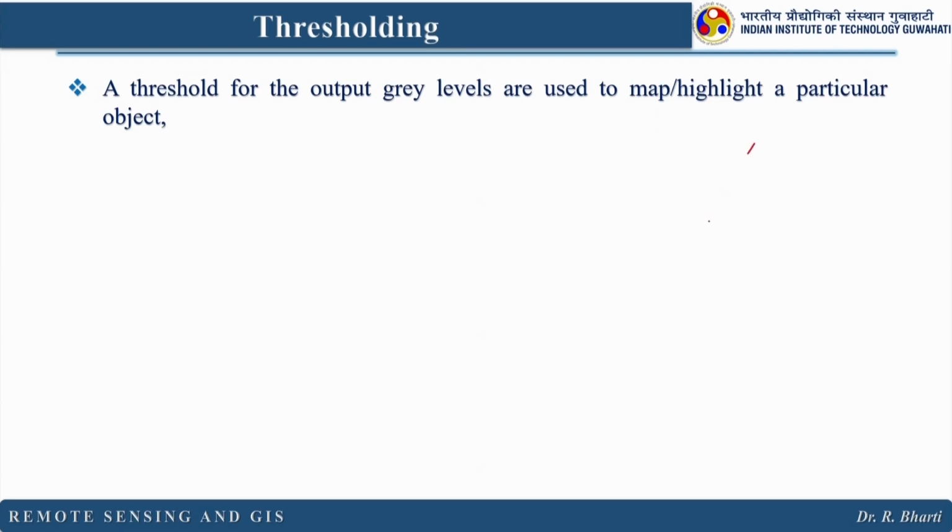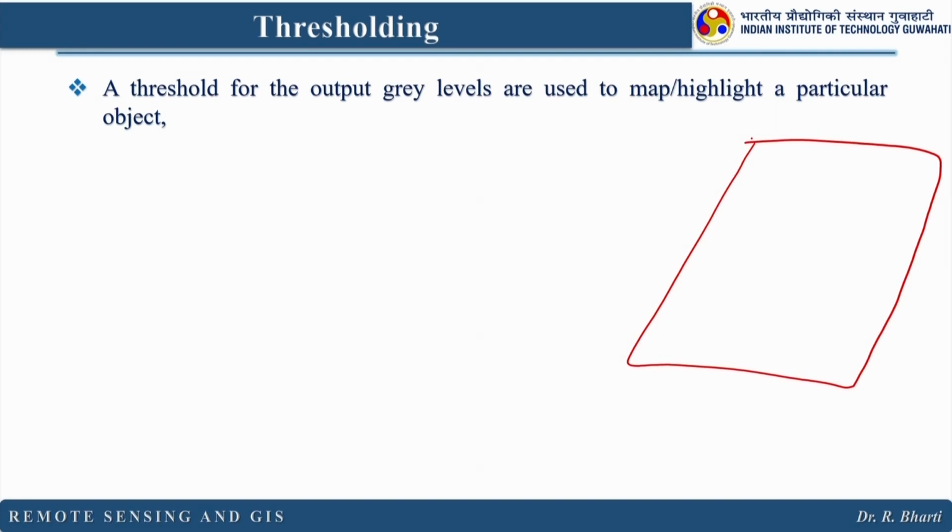Instead of identifying it using some different technique, this is one technique where we say this is my target and the value range of this particular object is from 10 to 70, right. So my threshold value T will be greater than 10, or maybe between 10 and 70, right.